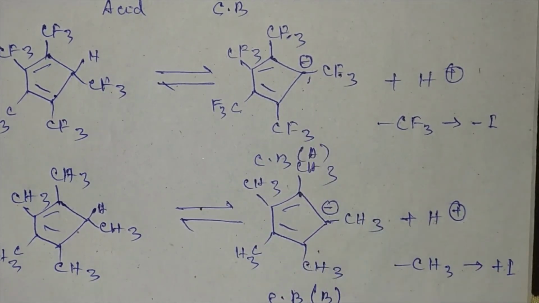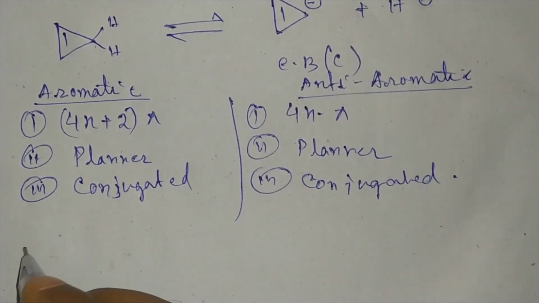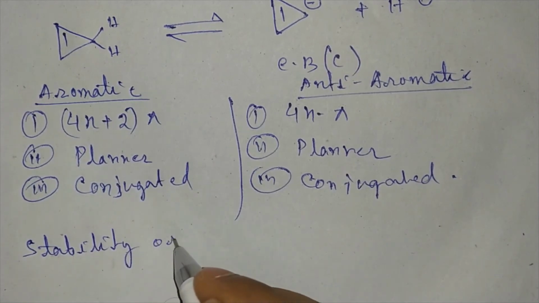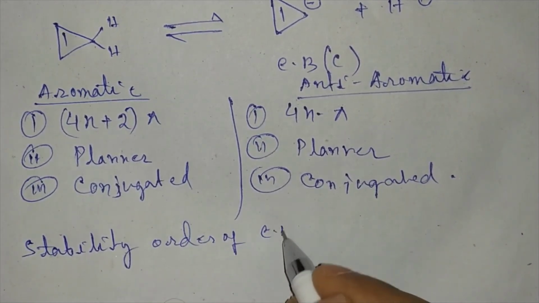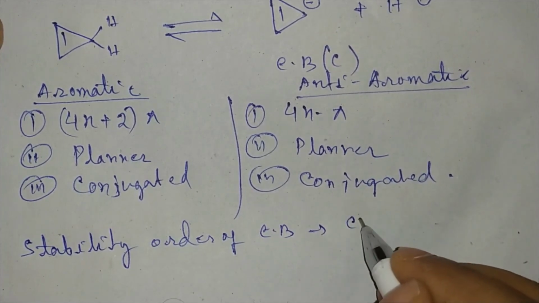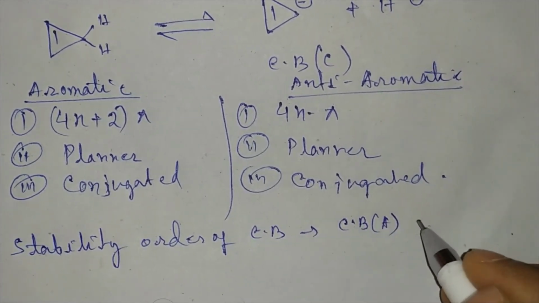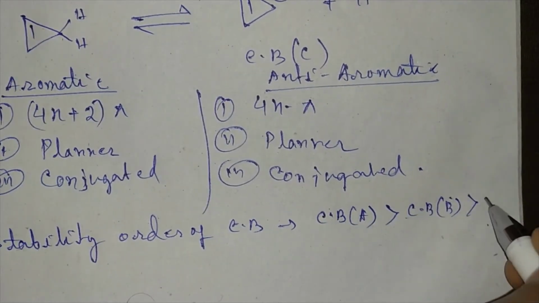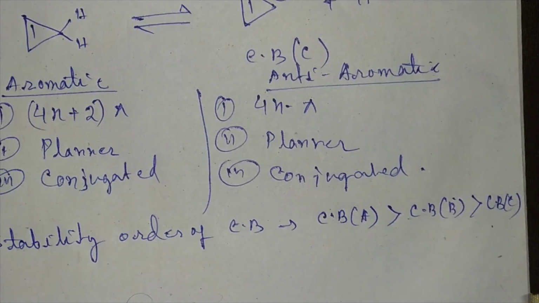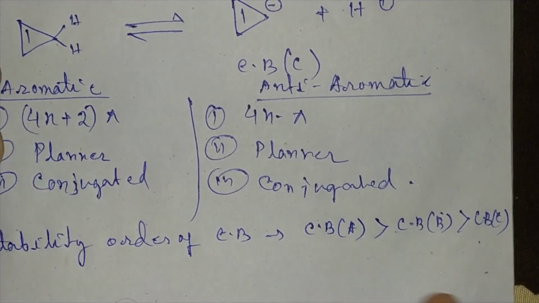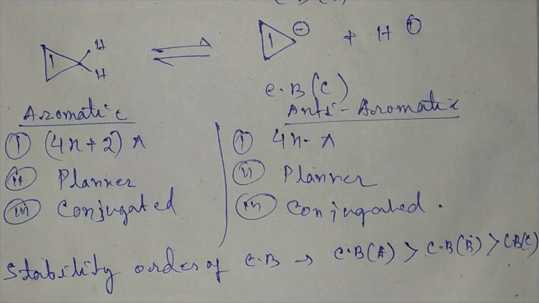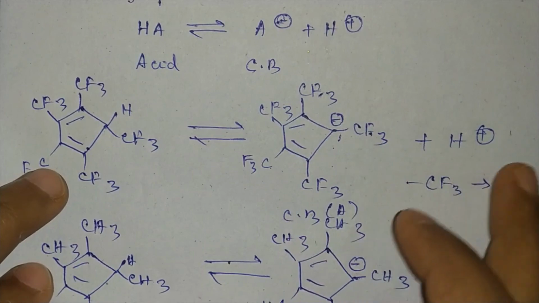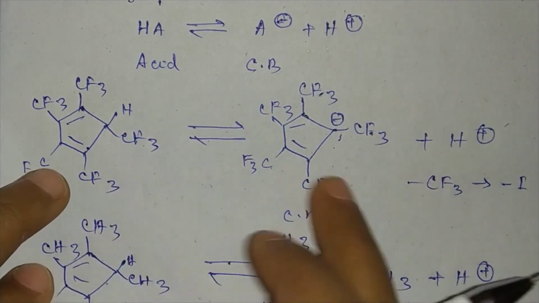So the stability order of conjugate bases: conjugate base A has higher stability than conjugate base B, which has higher stability than conjugate base C. So we know that the higher the stability of the conjugate base, the higher will be the acidity, because the equilibrium will shift towards the right and higher will be the H plus ion concentration, so the acidity will be higher.